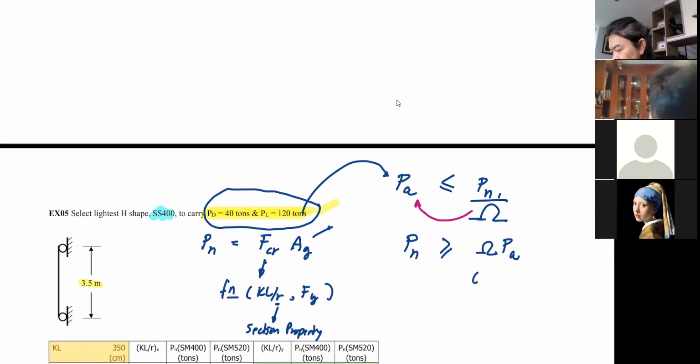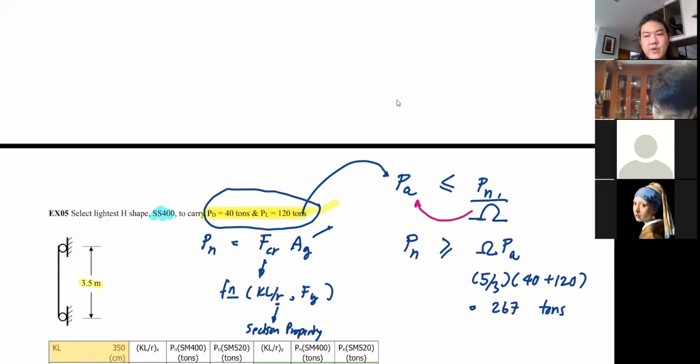So this becomes 5/3 multiplied by 40 plus 120. So that is 267 tons. So we need to find the section with nominal strength no less than 267 tons.